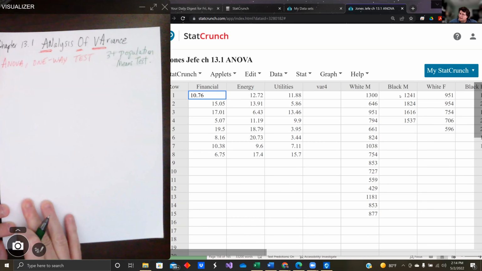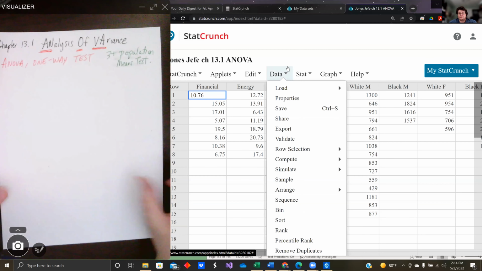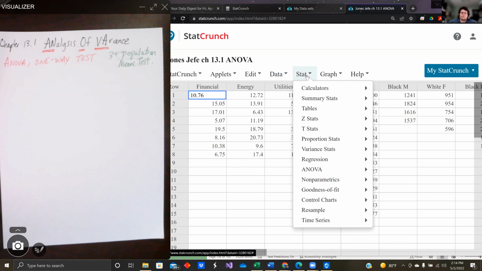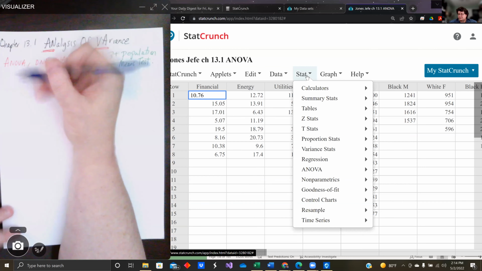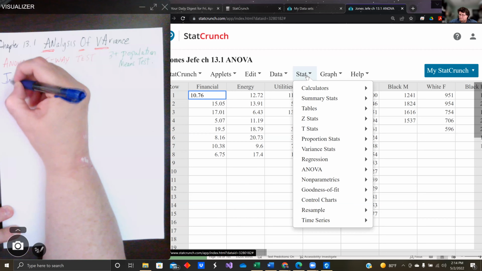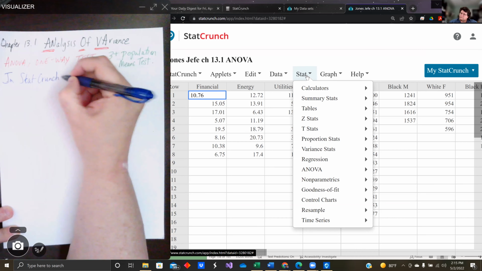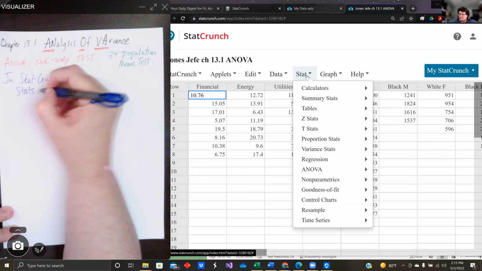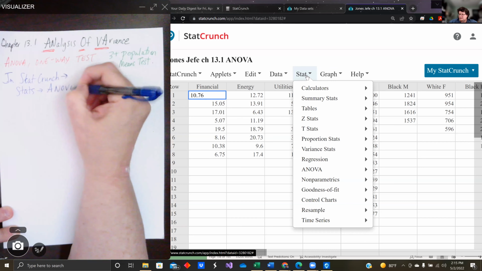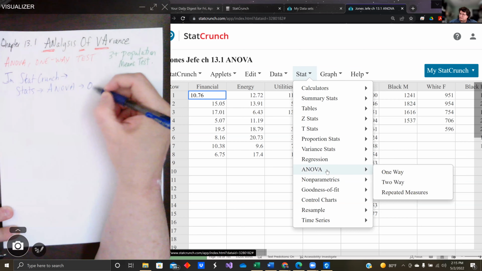Okay. So let's say there are K populations. Let's get this at the top of your lecture notes. What you do when you want to do it is you're going to go to StatCrunch. We're going to go Stats, ANOVA, One-Way. We have Stats, ANOVA, and you will see when you do it, it says One-Way.